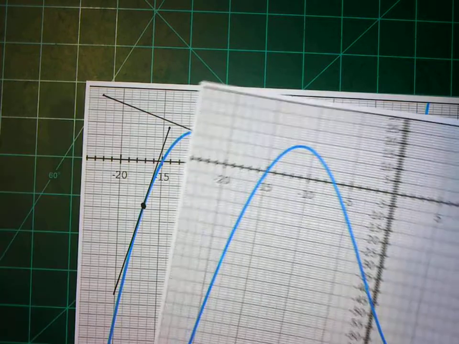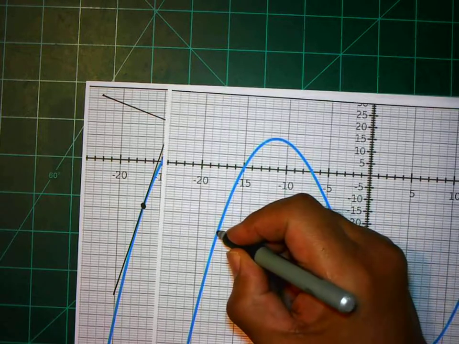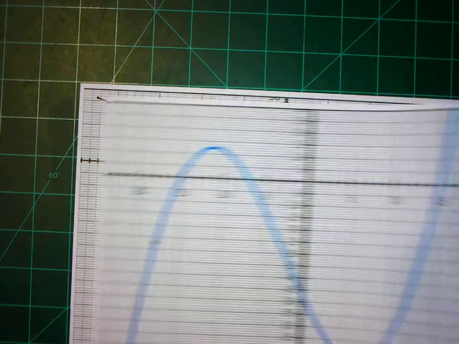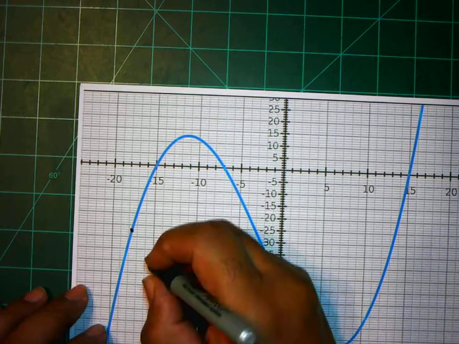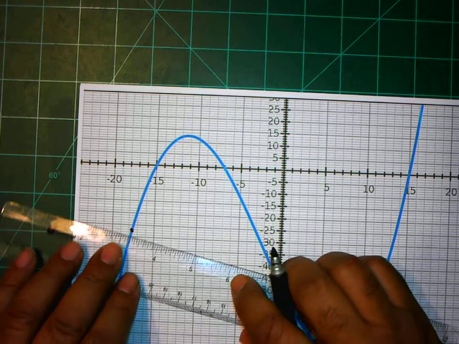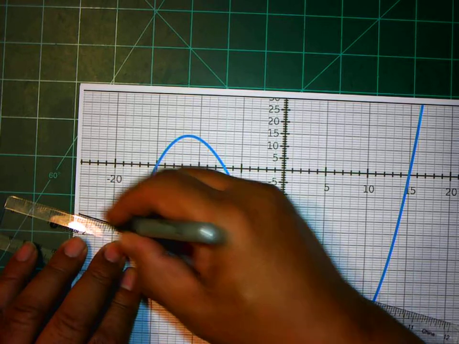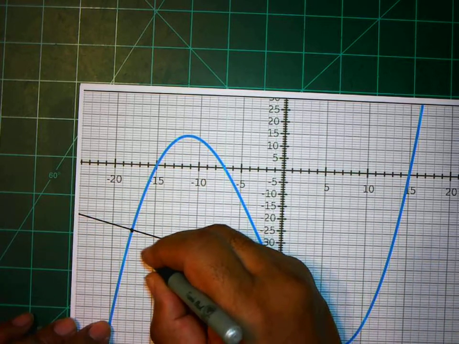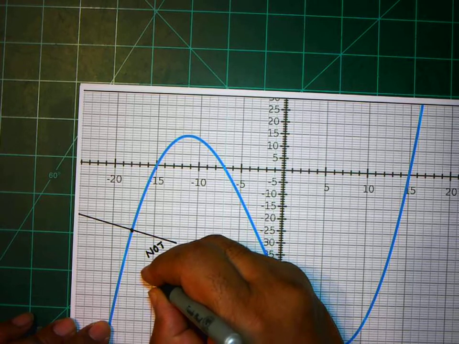Now let's look at what a tangent line isn't. Suppose I want to draw a tangent line here. This is not a tangent line. Not a tangent line.